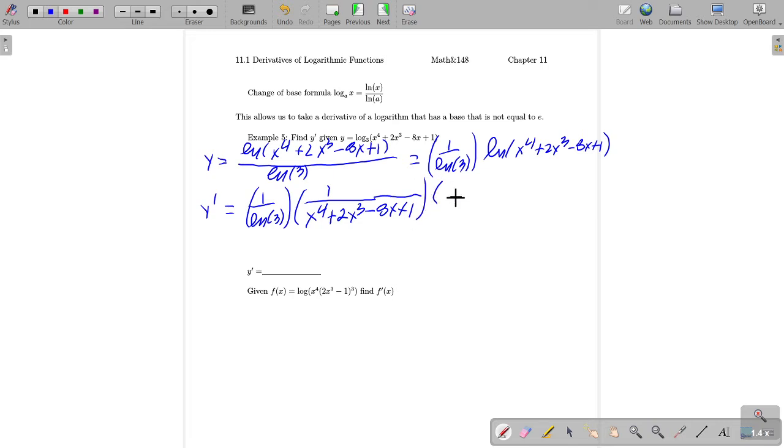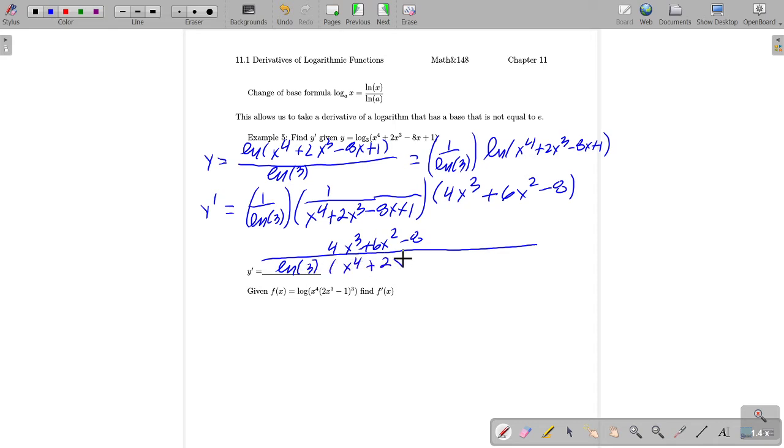And then the chain rule comes in and says that's 4x cubed plus 6x squared minus 8. So writing that out, we would have 4x cubed plus 6x squared minus 8 all over natural log of 3 times x to the fourth plus 2x cubed minus 8x plus 1.